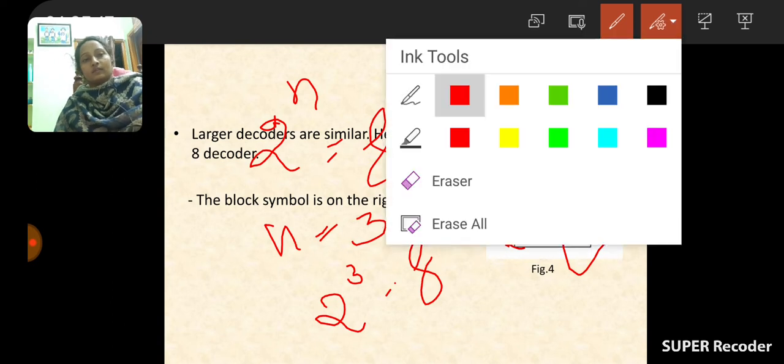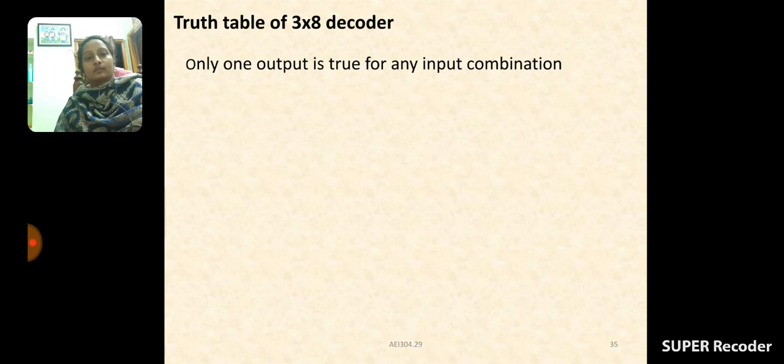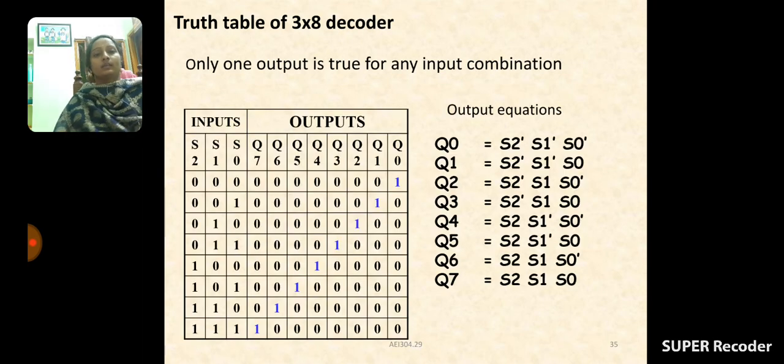Once observe the truth table. This is the truth table. Coming to the truth table, for the first combination 0, 0, 0, meaning S0 is 0, S1 is 0, S2 is 0, the bit Q0 is selected.